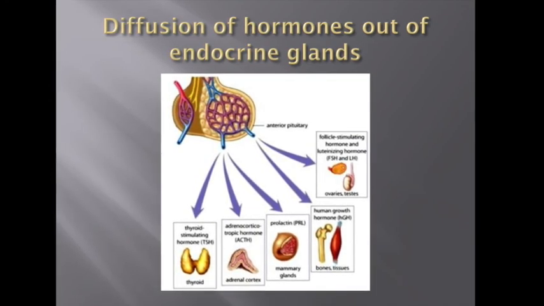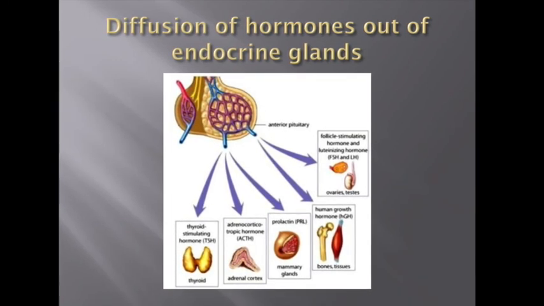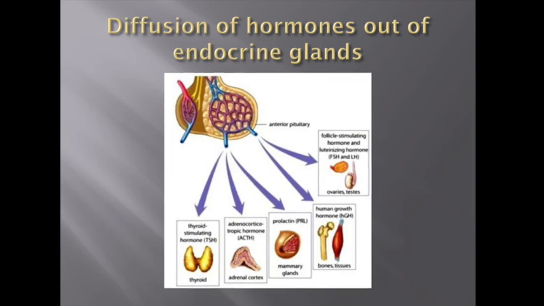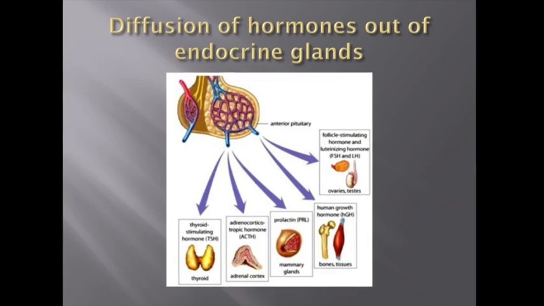That also goes for the diffusion of nutrients from the mother's blood to the fetus. These are typical examples of diffusion in animals.